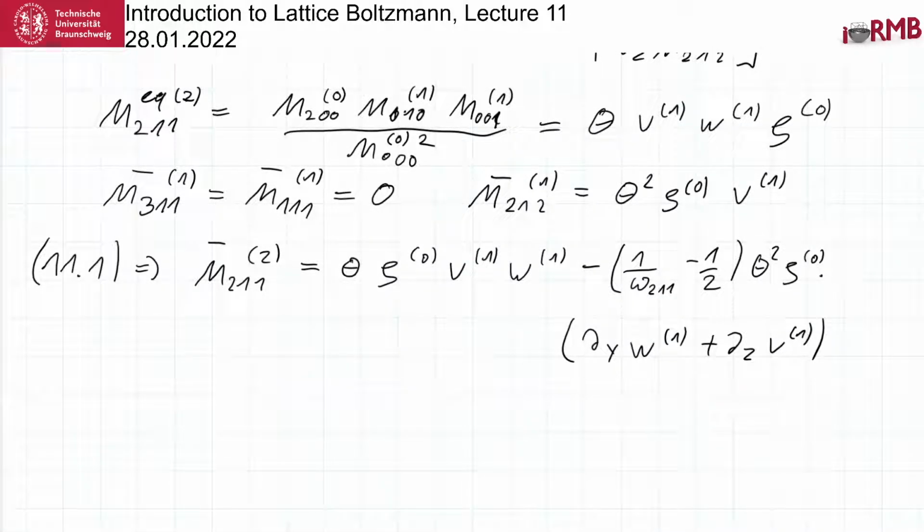Okay, so now this is what comes out here, and now we said that omega 211 is equal to omega g, and this we said this is 1.